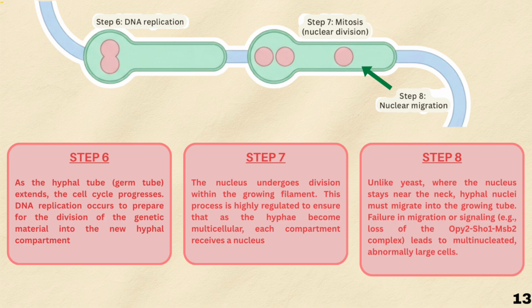Crucially, the cell performs a nuclear migration. Unlike yeast, where the nucleus stays near the neck, hyphal nuclei must migrate into the growing tube. If the signal for this migration is broken, the cell becomes confused, leading to a multinucleated, large cell.